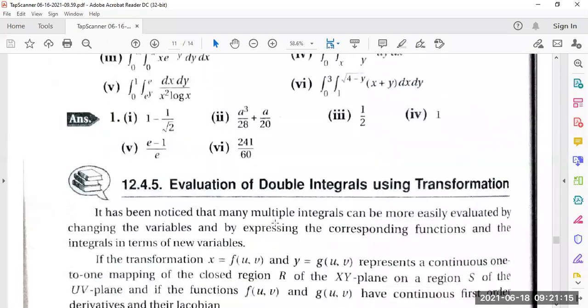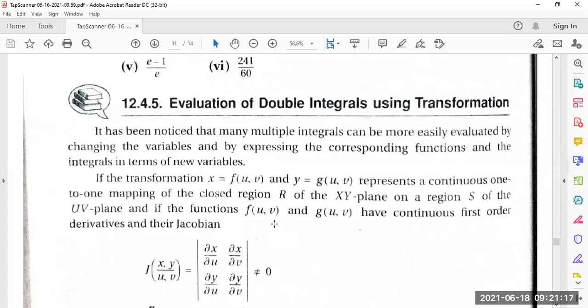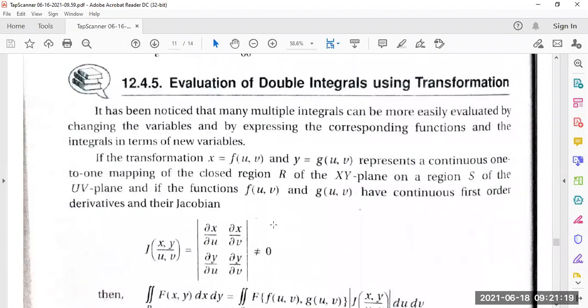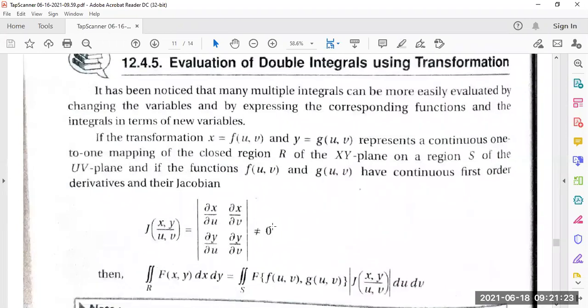Yes, sir. Now we are going to learn the evaluation of double integral using transformation. It is very, very important. Many multiple integrals can be more easily evaluated by changing the variable and expressing the function of the integral in terms of new variables.